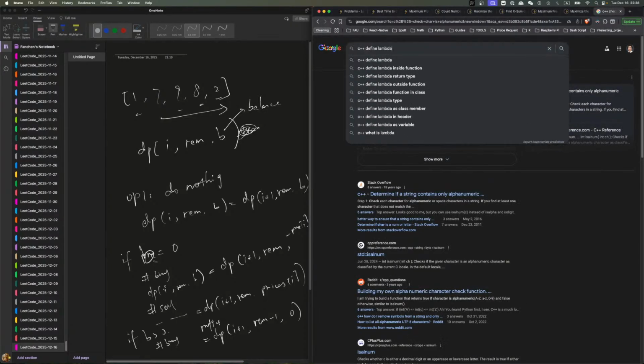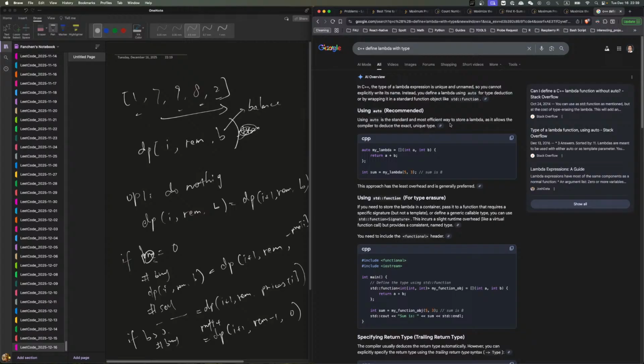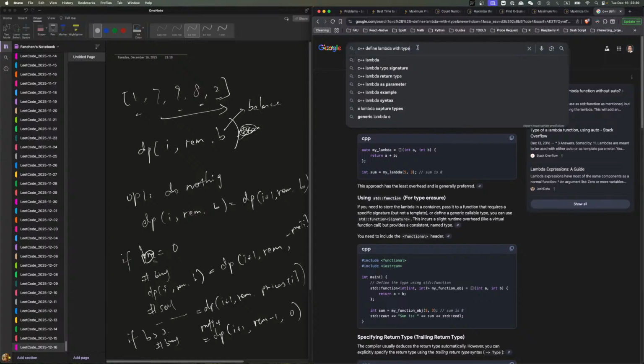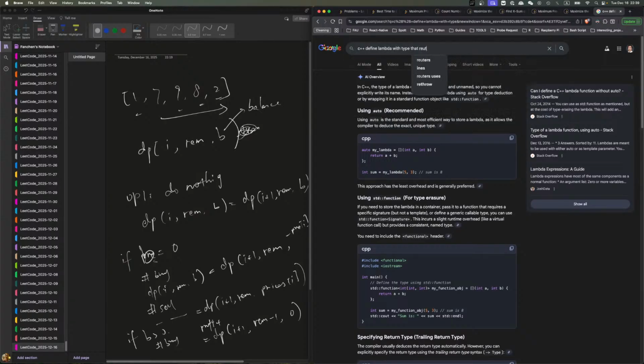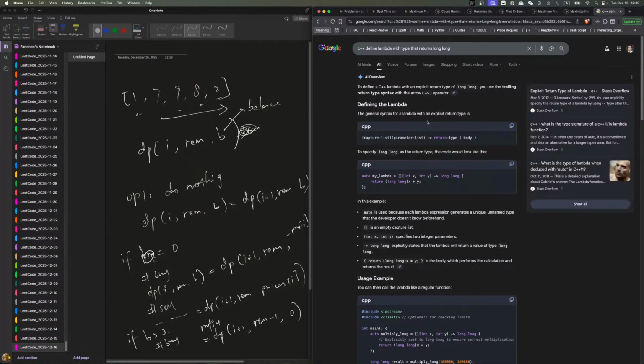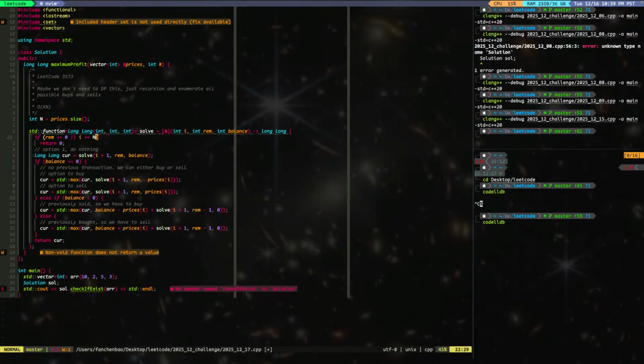Define lambda with type, that returns long. Okay, so I don't know what it was asking for me here. I thought I defined it already.